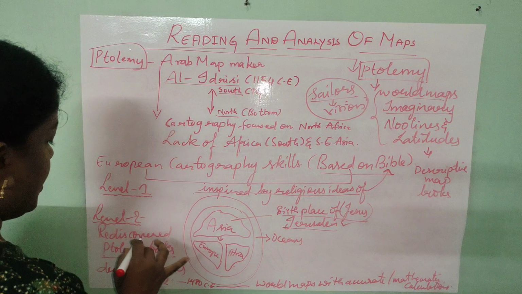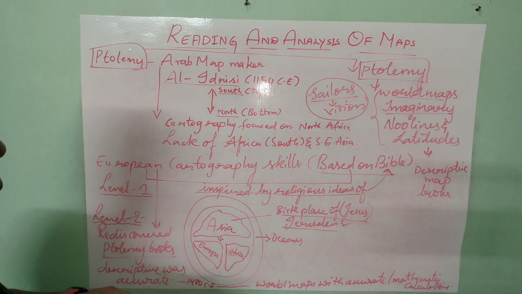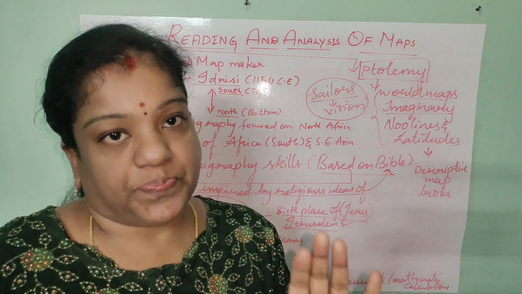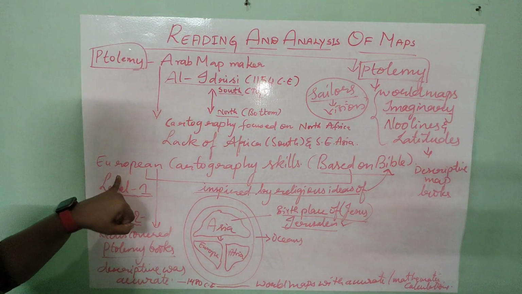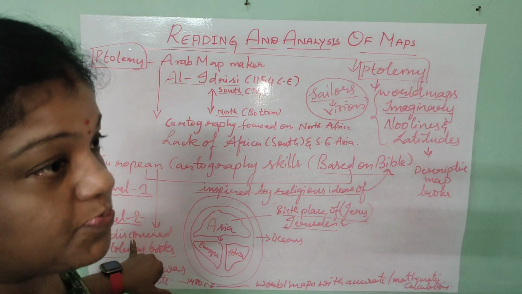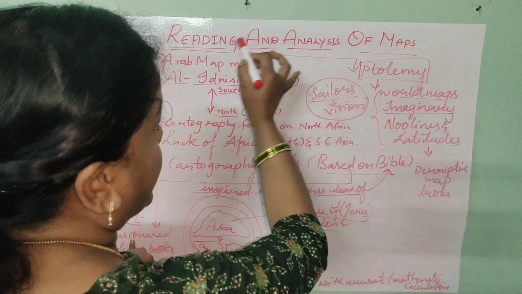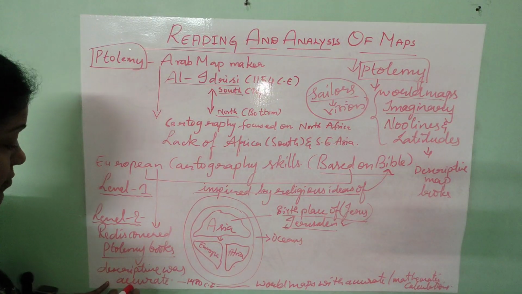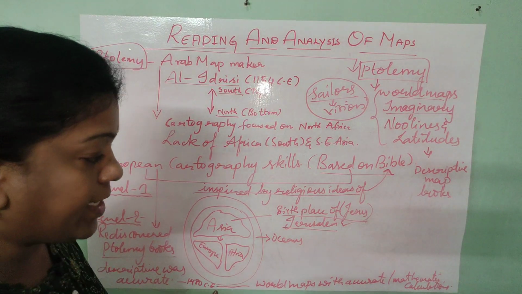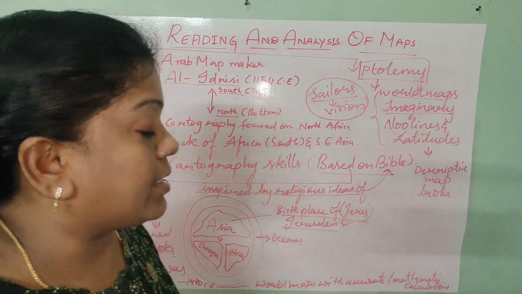Then after again, these Europeans rediscovered the Ptolemy books. Actually, Ptolemy's descriptive books and maps were lost, but the Europeans were able to rediscover the descriptive map books given by Ptolemy, and they gave an accurate world map in 1418 Common Era, which is given on page number 7 with mathematical calculations.